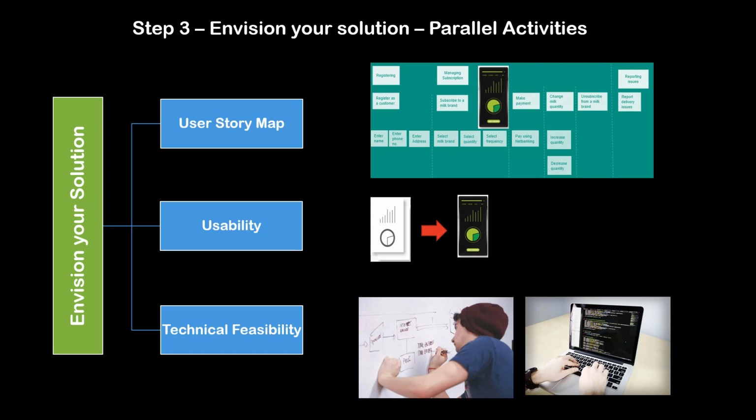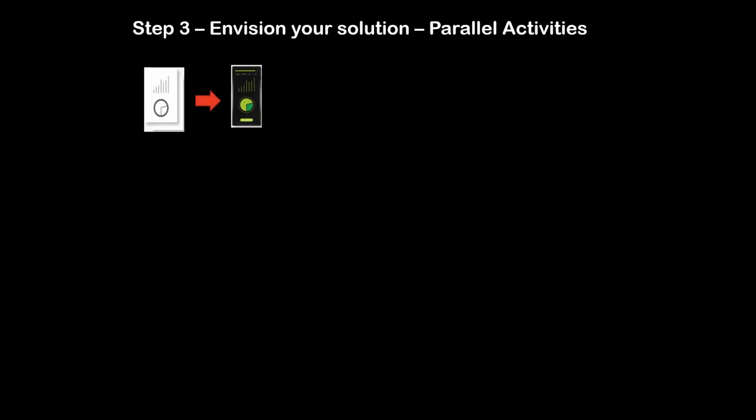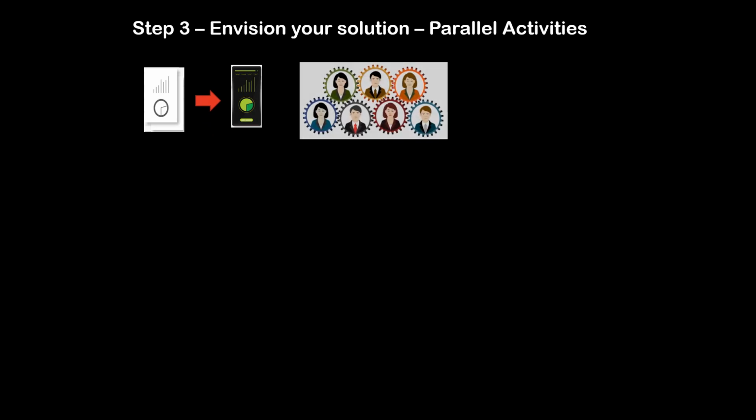Recall that I mentioned these prototypes that the usability team members will build in the step of envisioning the solution. Now let's get a bit more into that. I also mentioned that you will take these prototypes to the users who will be actually using them and hopefully buying your solution.